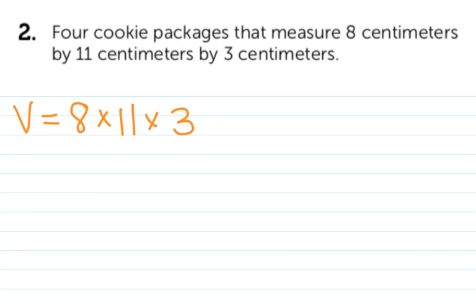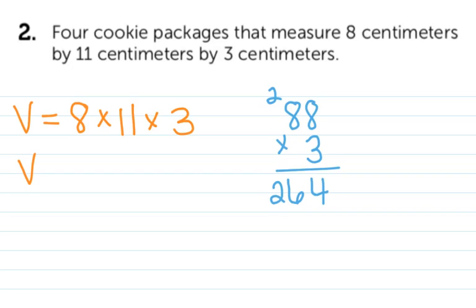All right, so I know that 8 times 11 is 88, but off the top of my head, I'm not just going to try to figure out 88 times 3, so I'll solve that over here. 88 times 3, and I get 8 times 3 is 24, carry the 2, 3 times 8 again is 24, plus 2 is 26. So the total volume for one cookie package is 264 centimeters cubed.